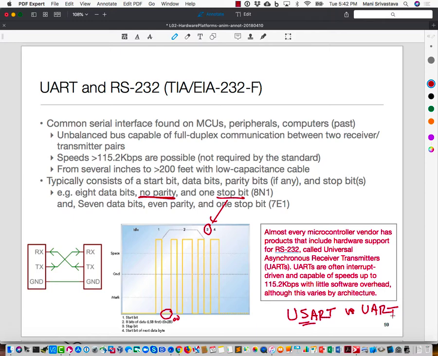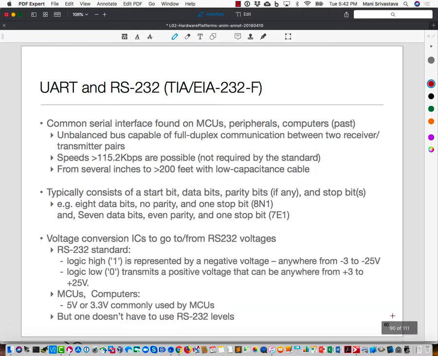That's very commonly there. And the other part I want to mention is that your MCU chips are designed to work at low voltages, 3.3 volt, 5 volt, and 1.8 volt. These are common voltages that you will find for MCUs.